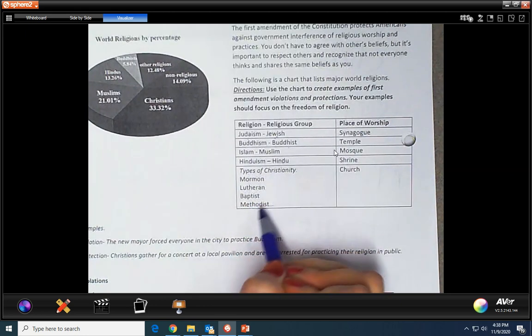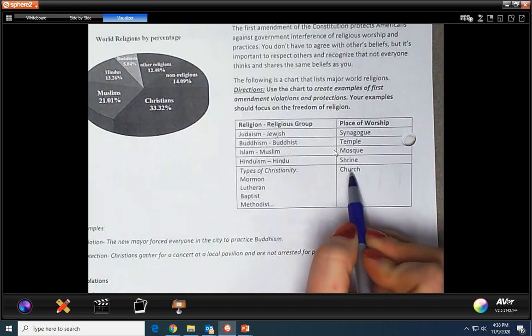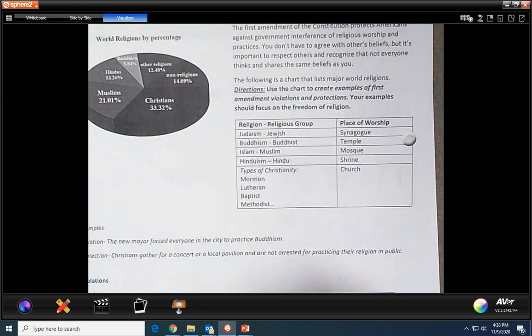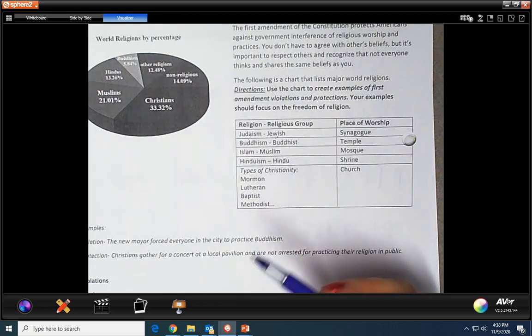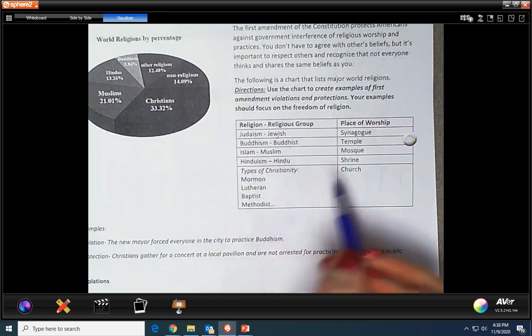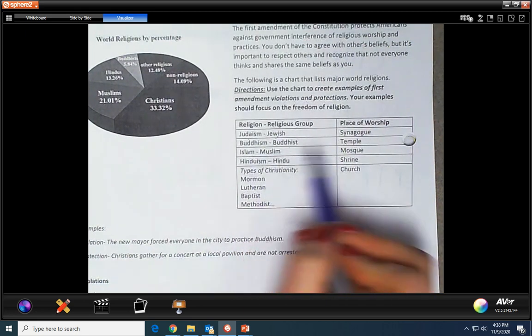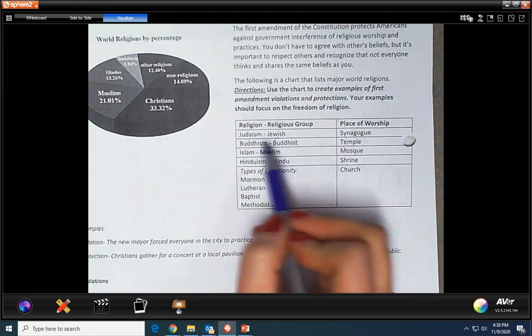If you are this type of Christianity, and there's even a lot more, your place of worship is called a church. But many of my students thought everyone went to a church, and a church is only a place of worship for these types of Christianity. If someone's at a mosque, it's because they're practicing Islam; temple, Buddhism; synagogue, Judaism.